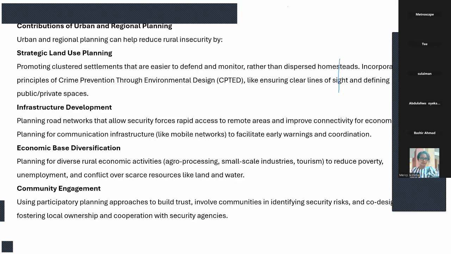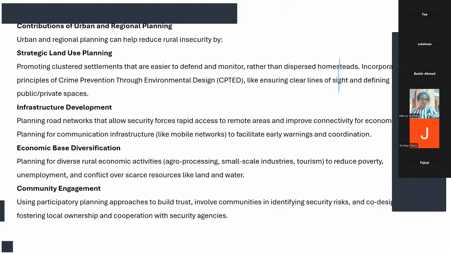If there is a very good road network, they can reach it in less than 10 to 15 minutes. Otherwise, it might take them more than 2 hours if the terrain is not good. And if they are not familiar with the terrain, the criminals can finish what they want before the security can reach there and help.